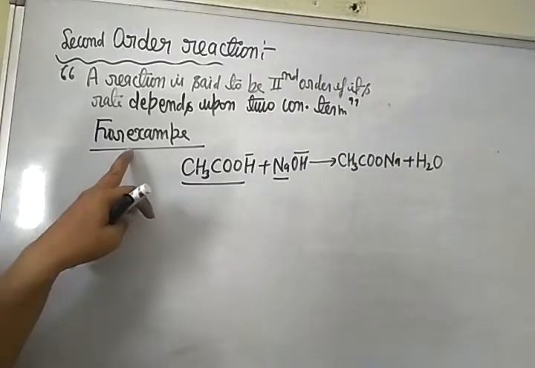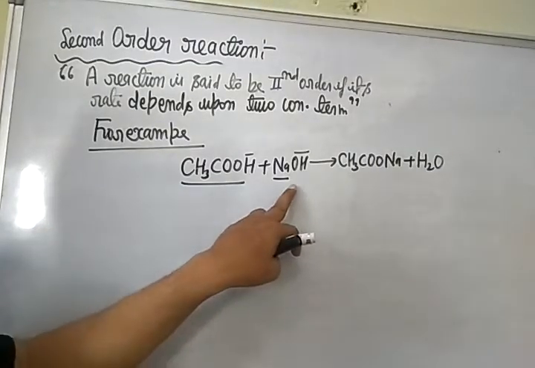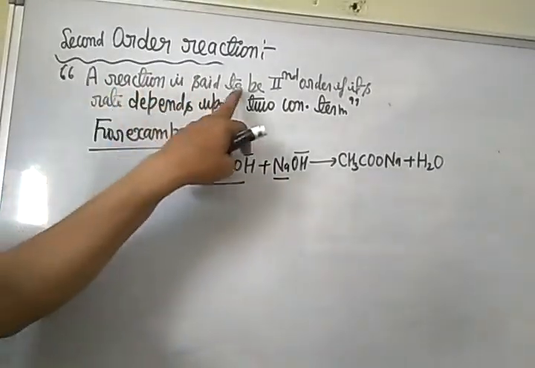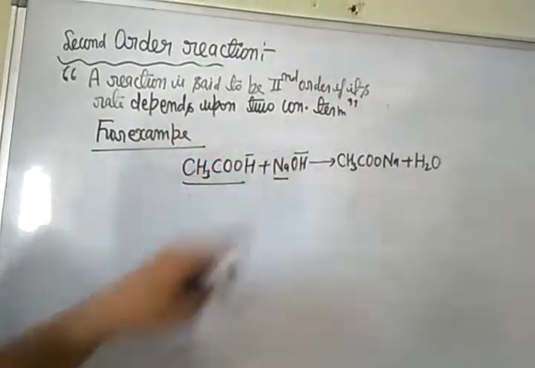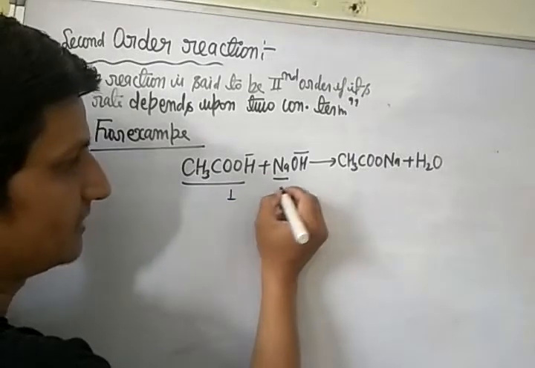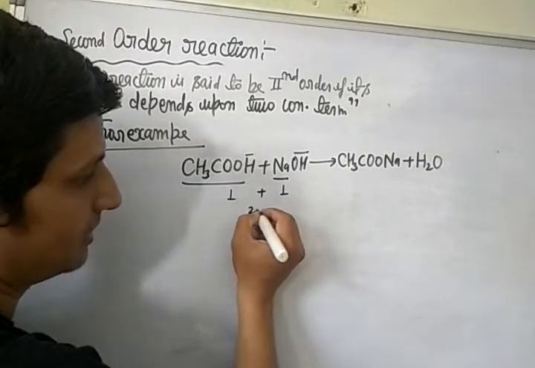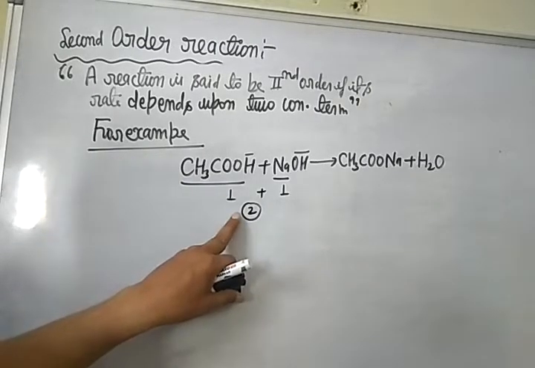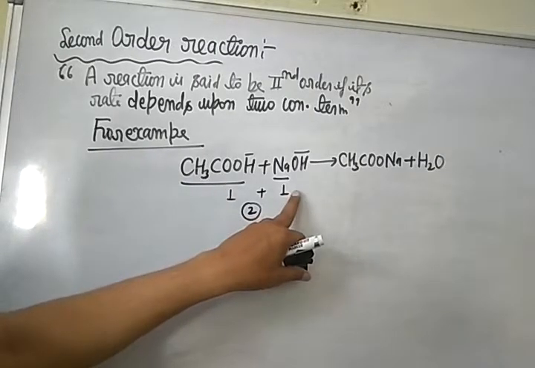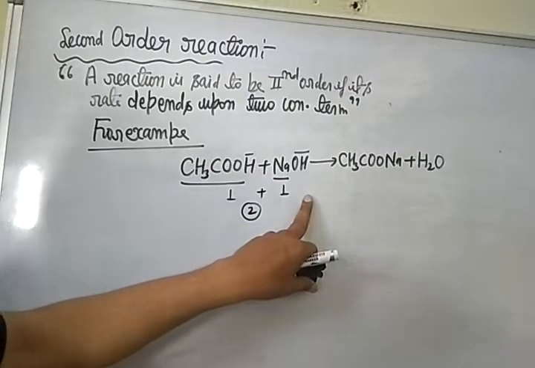So 1 plus 1 is 2. This is first, this is second. So total concentration terms are 2. Rate depends upon two reactants.